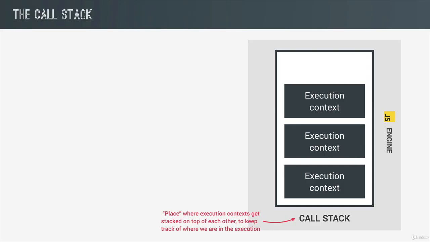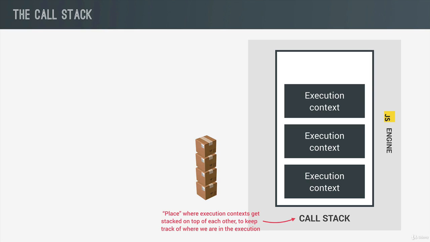And when it's finished running, it will be removed from the stack and execution will go back to the previous execution context. And using the analogy from before, it is as if you bought pizzas with some friends. Each friend has a pizza box, and then you put the boxes on top of each other, forming a stack, in order to keep track which pizza belongs to each friend.